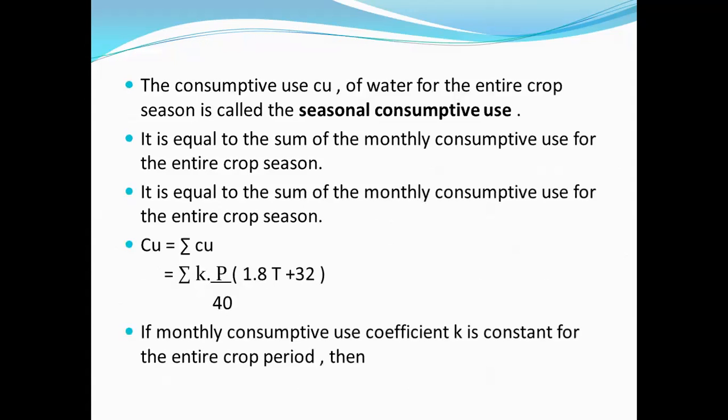The consumptive use of water for the entire crop season is called the seasonal consumptive use. It is equal to the sum of the monthly consumptive use for the entire crop season.